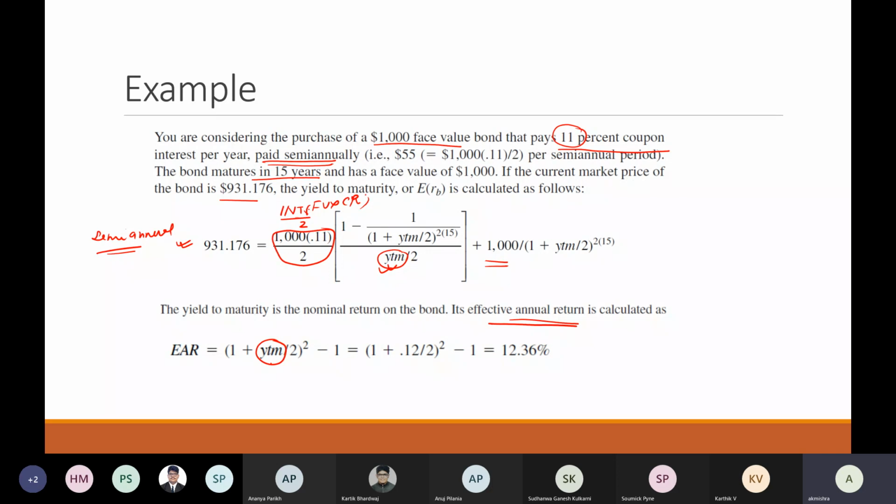So whatever you get will be the nominal rate on the bond. So you need to consider whether the question asks you to calculate on an annual basis, effective annual return, or just YTM.